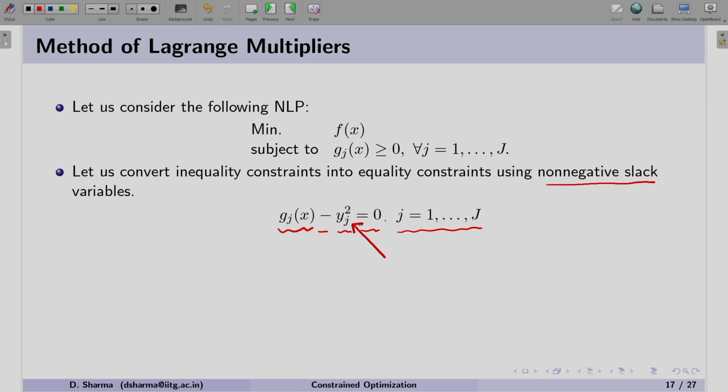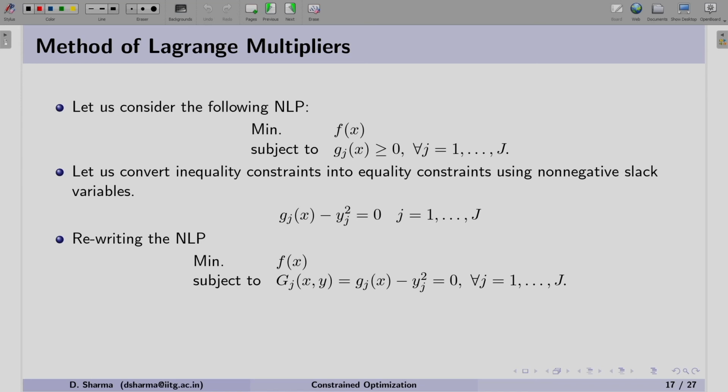Why? Because the square makes a negative term positive, and a positive remains positive. So, we are subtracting this slack variable yj square in this equation, so that the inequality constraint given here can be converted into the equality constraint.